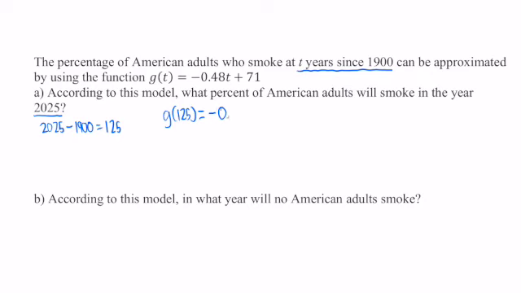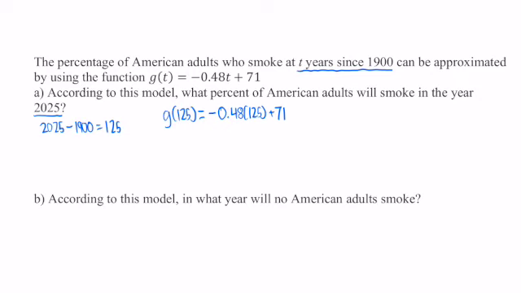And we have g of 125 equals negative 0.48 times 125 plus 71. So if we calculate this, negative 0.48 times, oops, I made a mistake on my calculator. Let me start over.